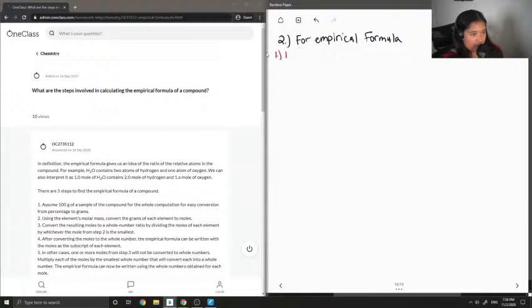Basically, step 1, you want to find the moles of each element. Step 2, you want to divide by your smallest mole value.